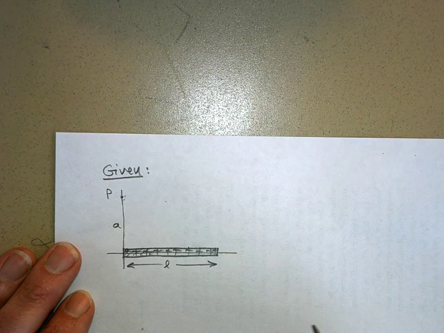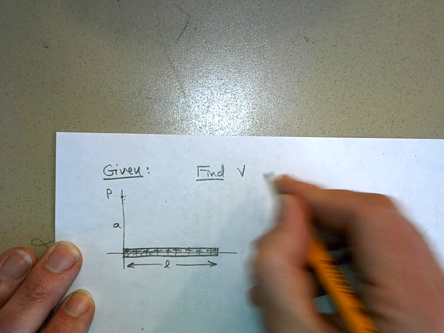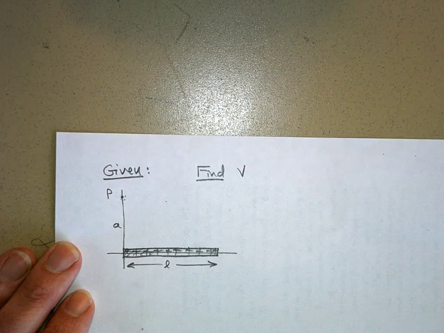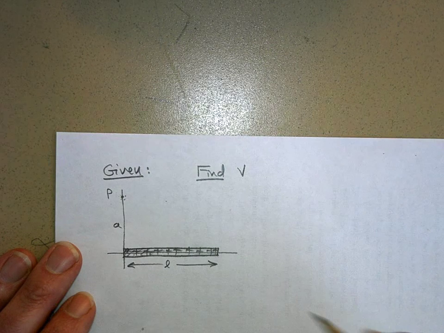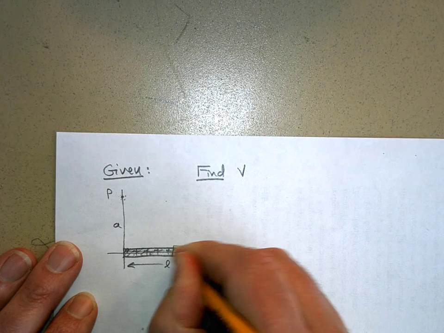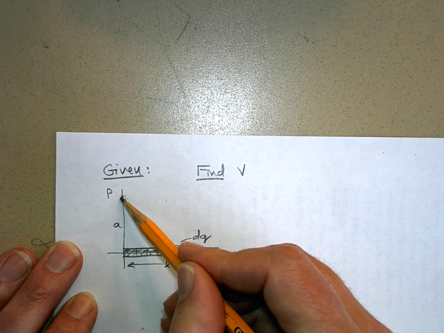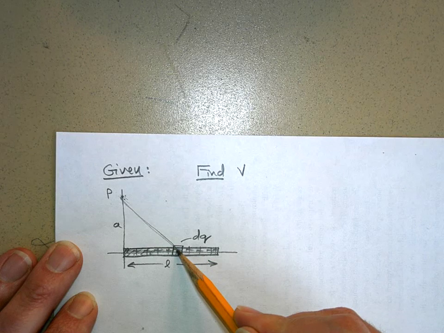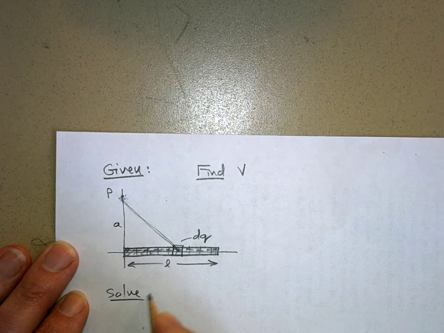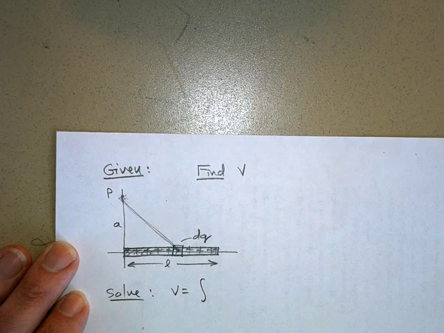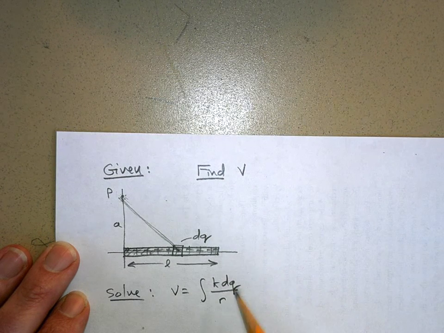All right, so we want to find the voltage at point P. First thing you've got to do is pick a dq. So let's make that one our dq. There's our little dq right there, and it's going to have a distance like that. Okay, so let's solve now. V is equal to the integral of k dq over r, right? So now we've got to fool around with this.